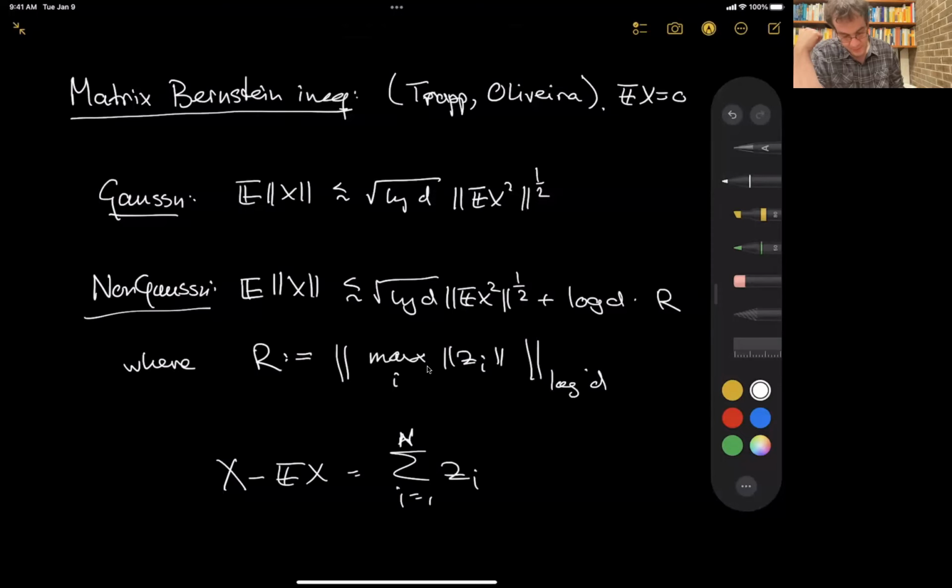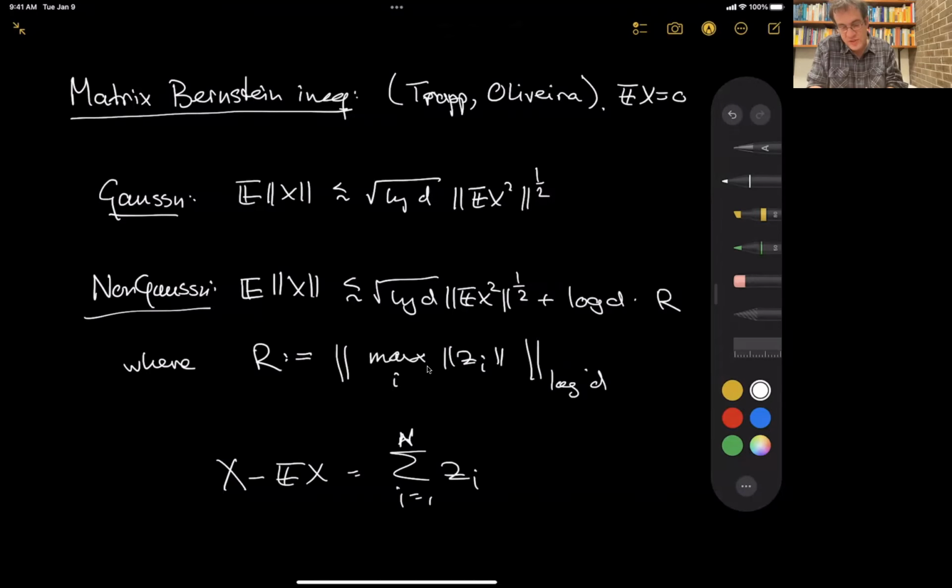And then it's called the matrix Rosenthal inequality. Really, if you type matrix concentration inequalities in Google, then you will find 1,000,001 variants of these inequalities under different distributional assumptions. They all have the same kind of conceptual structure, but some of them are better in some situations than others.